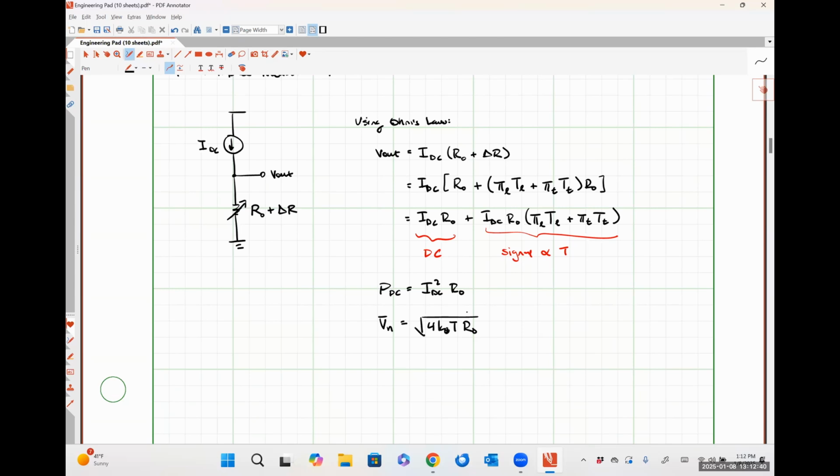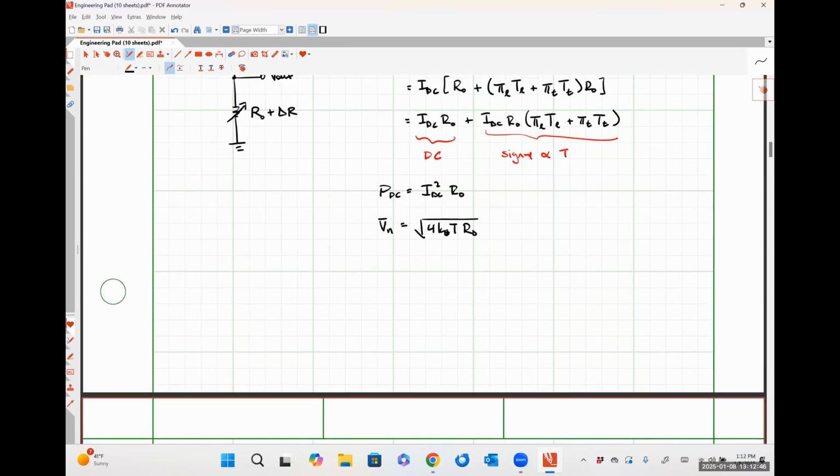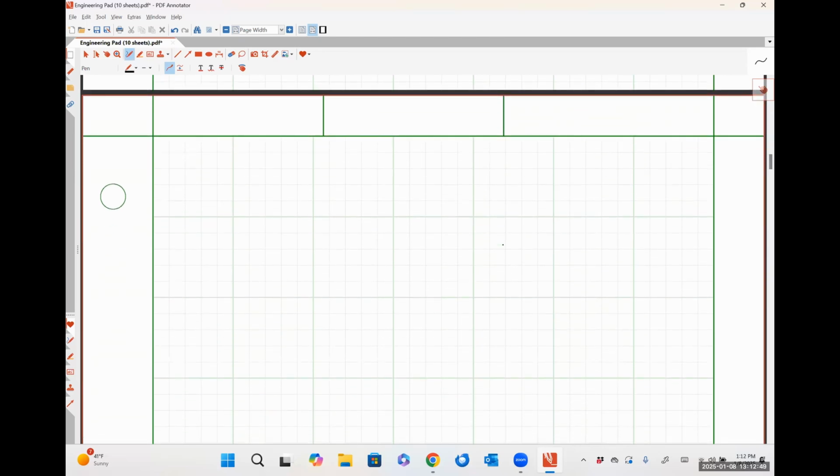So let's look at what's called single-ended sensing with a bias voltage. So single-ended ratiometric sensing is just a really fancy term for voltage division. Okay.